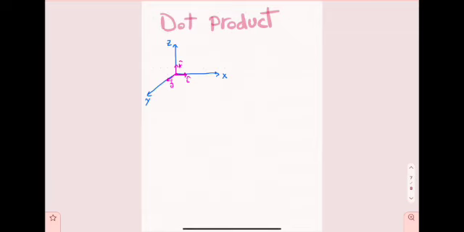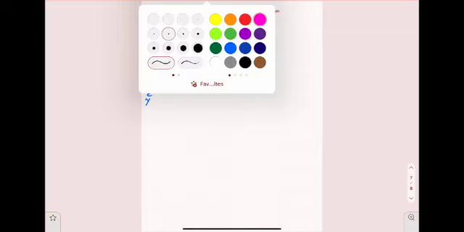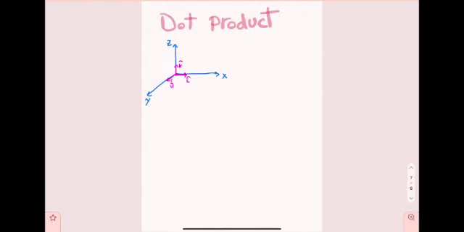Now imagine we have an arbitrary vector A, for example, like this. This is our vector. Now, we could think of the projection of this vector on each of the axes, x, y, z, and then think of those projected values as the components of this A vector.